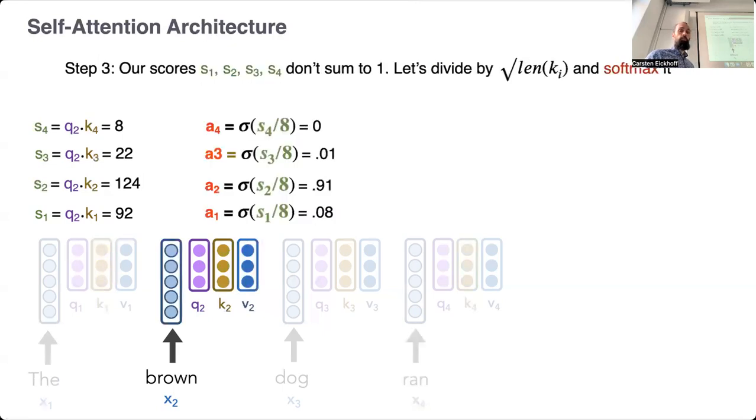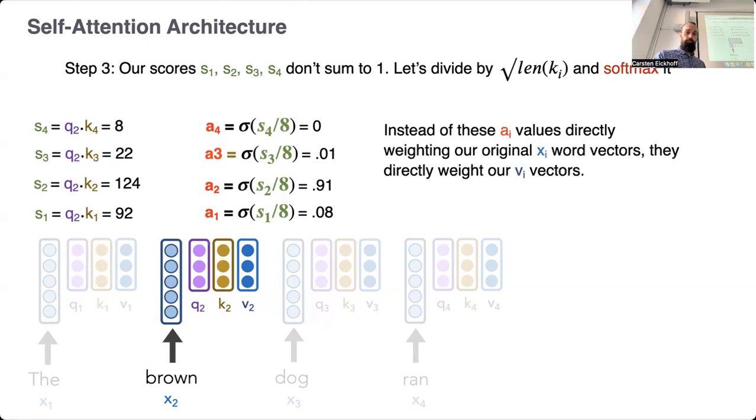This gives me, after some massaging, the strength of association for all of these when representing brown, right? And you see that brown here in this example latches on mostly to dog. Tiny bit to running, tiny bit to itself, but really brown here means more or less the same as dog, which is interesting. Brown dogs being different from, I don't know, brown soldiers or so in German history.